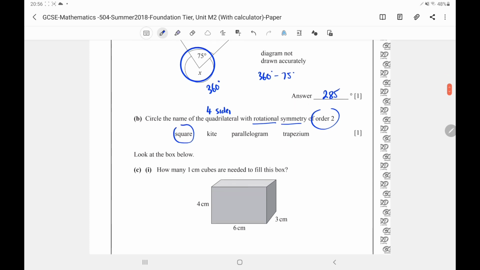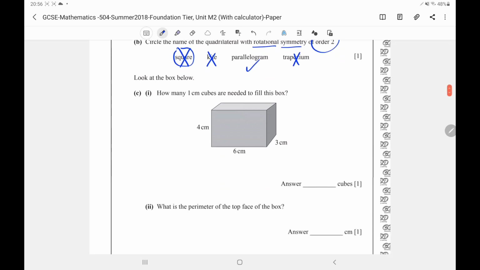Whenever you turn a square around, it will have an order 4 because it makes the same shape 4 times. The kite won't make the same shape until it comes all the way back. The trapezium won't make the same shape until it comes all the way back. But the parallelogram will look the same whenever it's upside down, and then again whenever it's the full way round.